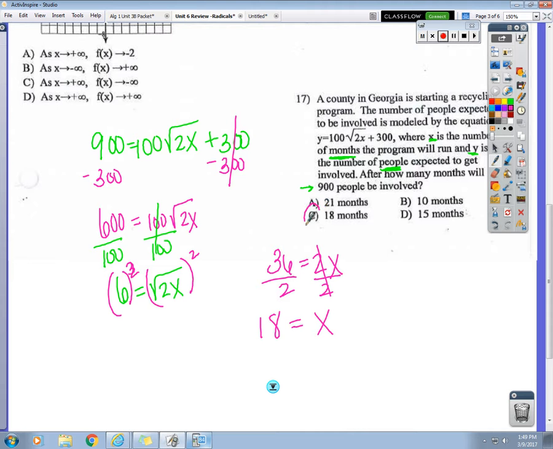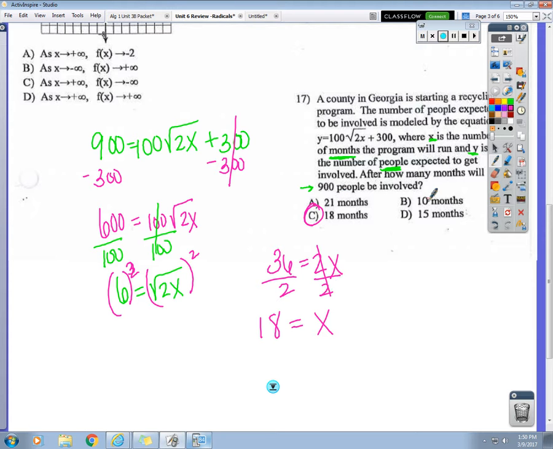Now, say that you have a hard time doing all of this work. Months are x, right? Couldn't you just plug in 21 for x, 18 for x, 10 for x, 15 for x, until you got the one that produced a 900? That'd be another way of doing it, if you don't know how to do all the algebra.